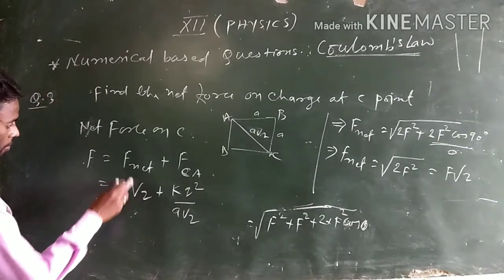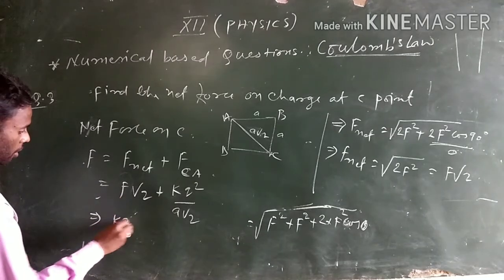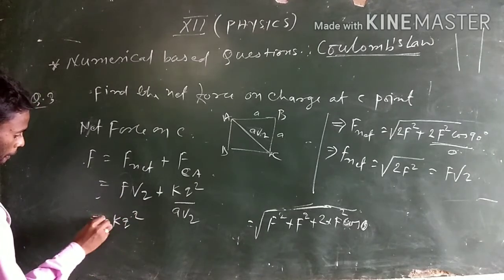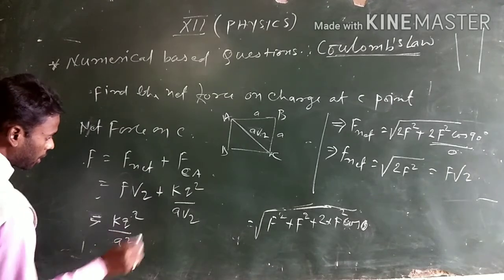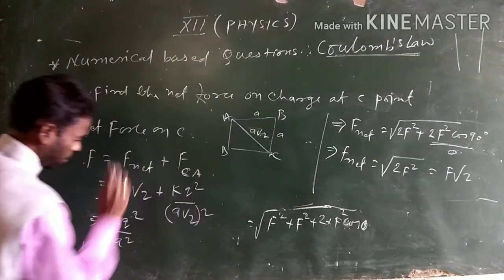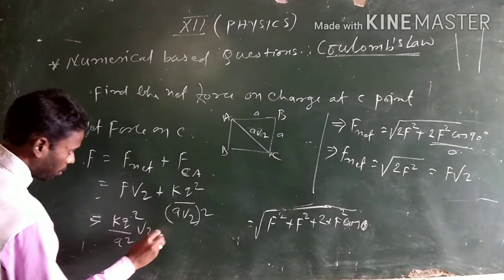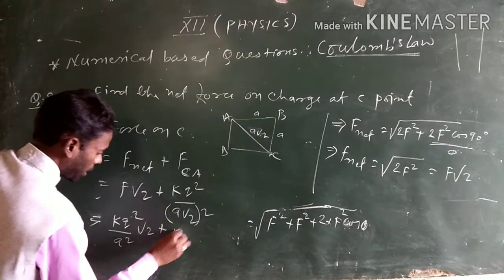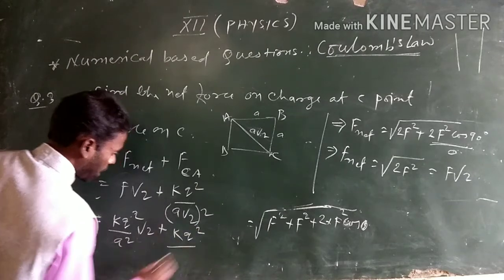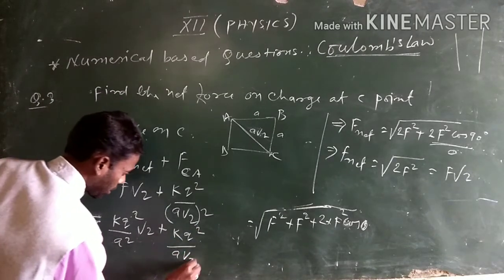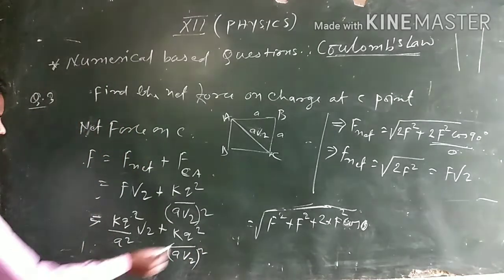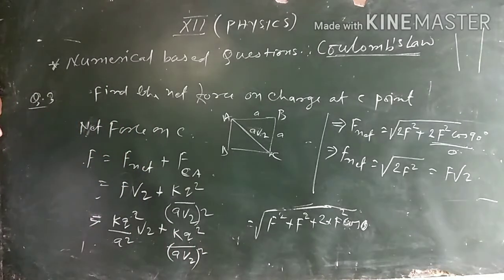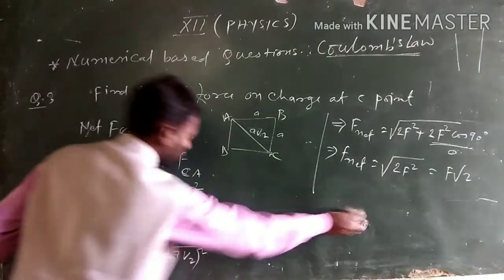We have to put the value of F equal to KQ square divided by A square. Here also A square, no? Yes. Root 2 plus K Q square divided by A root 2 whole square. We have to solve this one. Some term is common over here.